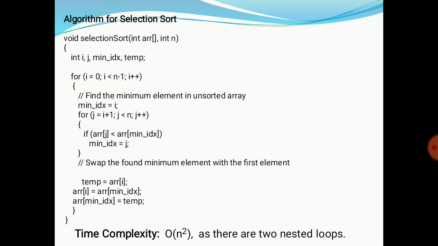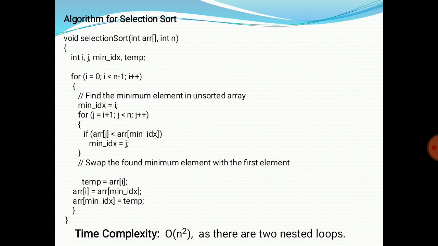Now as per the efficiency consideration of this algorithm, the time complexity is big O notation, order of n square. Why is it order of n square, or we can say polynomial? Because the algorithm is using two nested loops, and for each value of the outer loop, the inner loop runs n times.